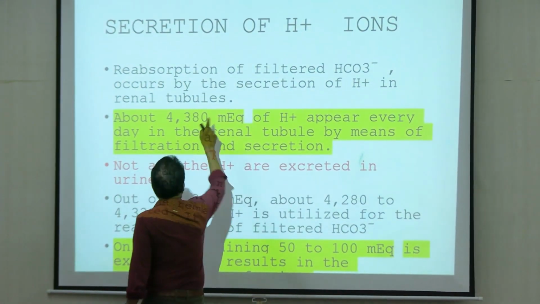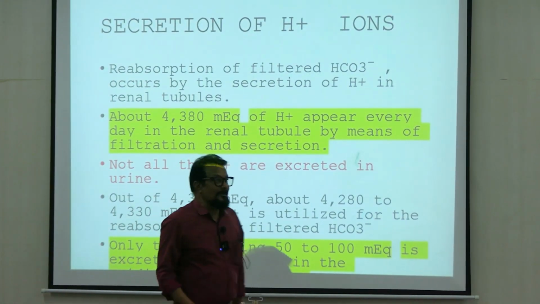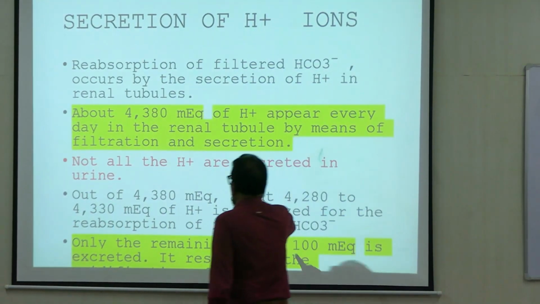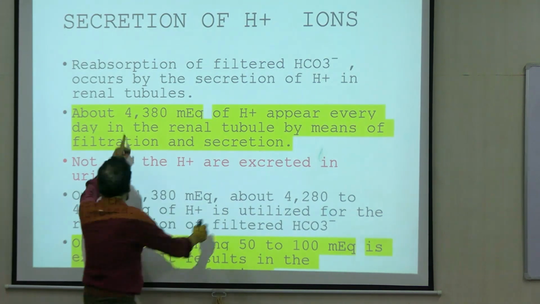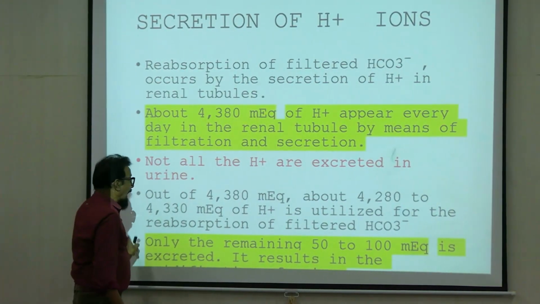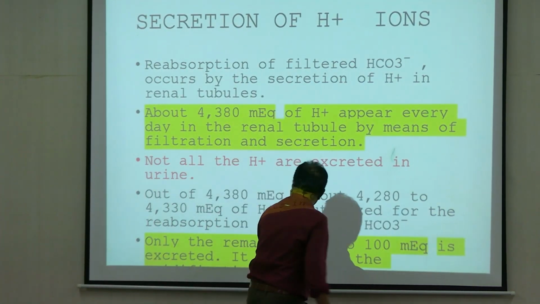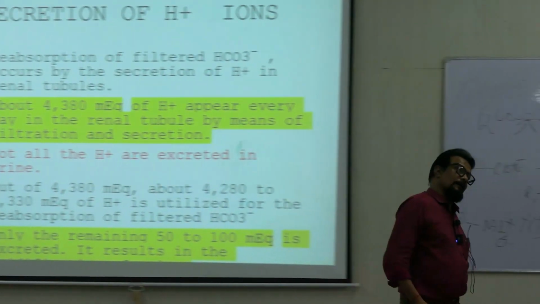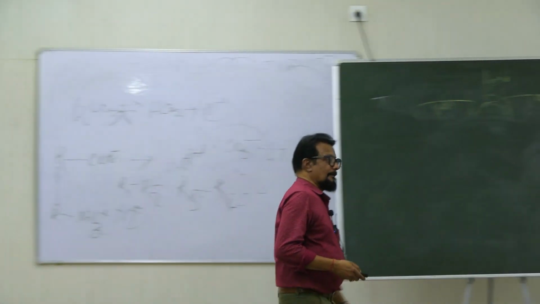About 4,380, as I said, hydrogen ion is produced. Out of these, this mass is utilized for absorption of bicarbonate ion, and only 50 to 100 milliequivalents is excreted in the urine and makes the urine acidic.